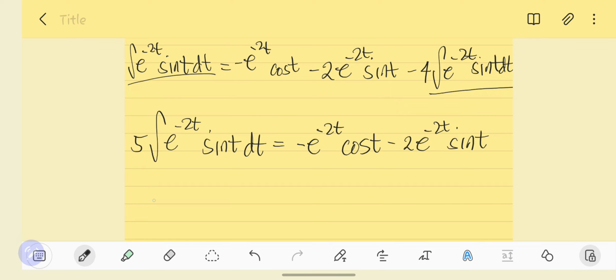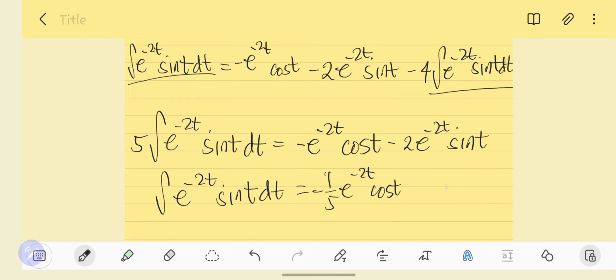Now your integral of e to the negative 2t sine t dt is equals to negative 1/5 e to the negative 2t cosine t minus 2/5 e to the negative 2t sine t.